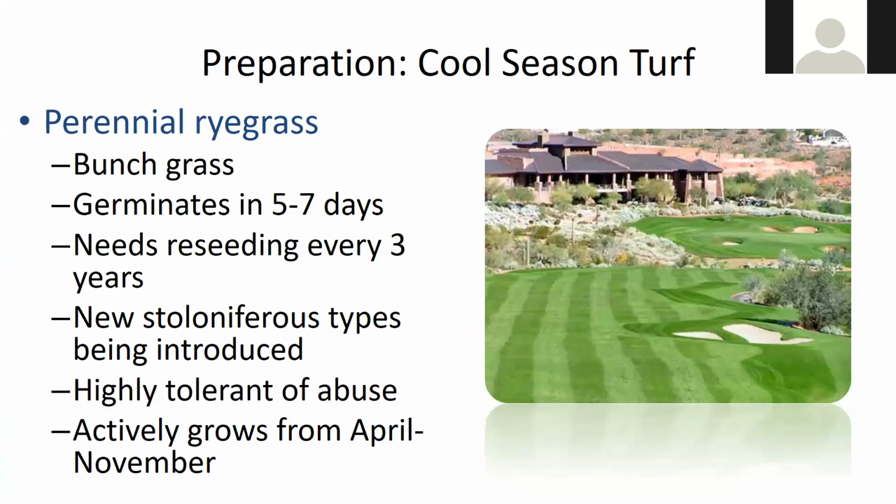Okay, perennial ryegrass. Ryegrass has some advantages and disadvantages. It is actually a very soft dark green grass. If you've ever golfed, about half of the golf courses in the Intermountain West have ryegrass fairways because it's very tolerant of foot traffic and very easy to repair, but you need to know what you're doing, because this is actually a bunch grass that doesn't spread out very quickly if you don't seed over the top of it every 2 or 3 years.